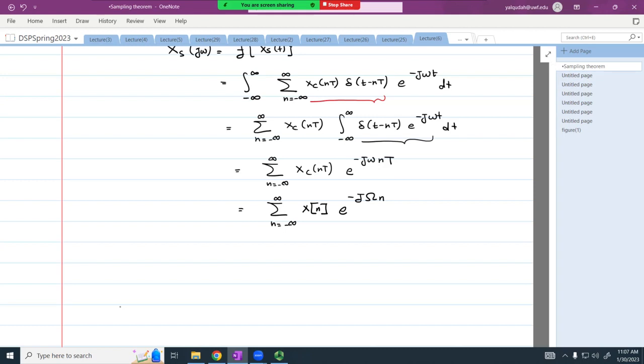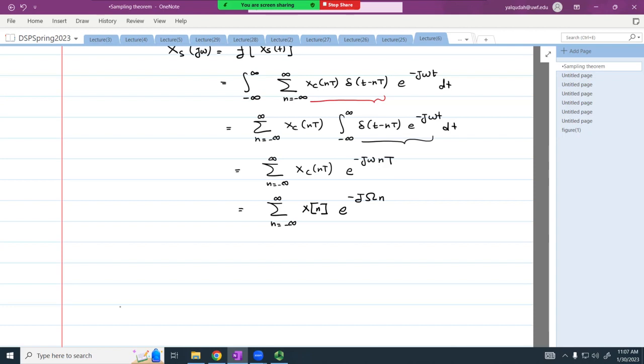And is it clear what the difference is between x_c(nT) and x[n]? One's continuous, one is the sample. This is a discrete signal. These are the samples taken from the continuous signal at nT. This is the continuous signal, x_c(nT), the samples from the continuous signal. For x[n], it is understood that when I say x[5], it means x_c at 5 multiplied by T. And here we use the square brackets versus these brackets.